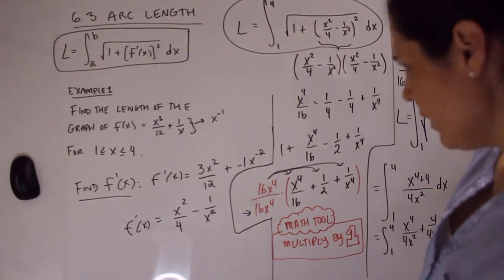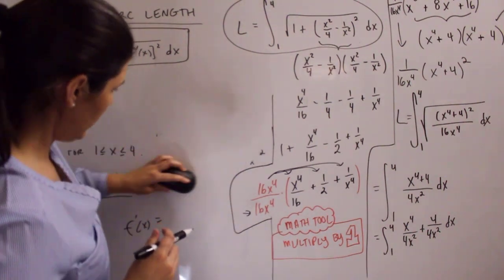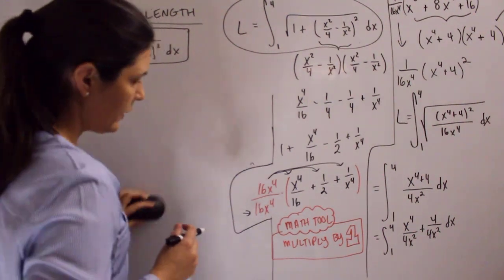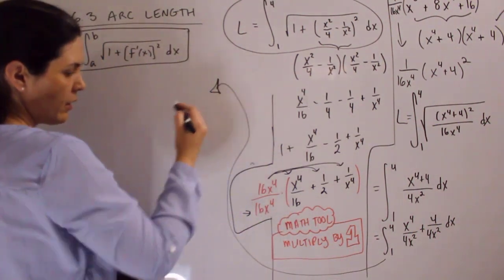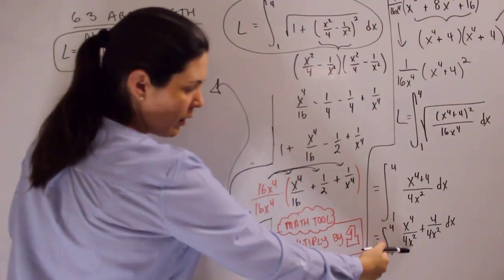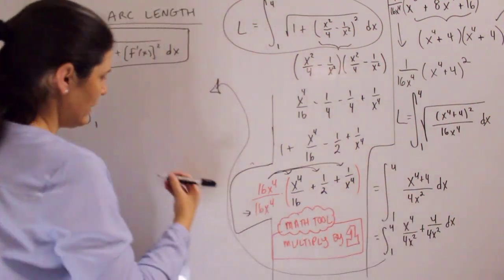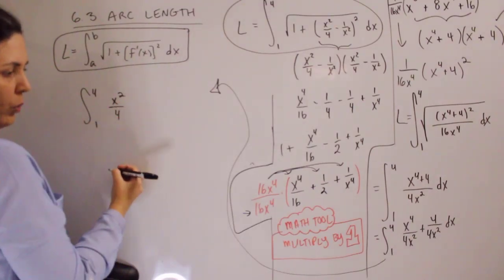So let's simplify, and I'll leave my formula right there for the next example, but let's see what we get. Coming in from right over here where we left off, integral 1 to 4, this term, the x squared on bottom divides out, so this is x squared on top over 4.